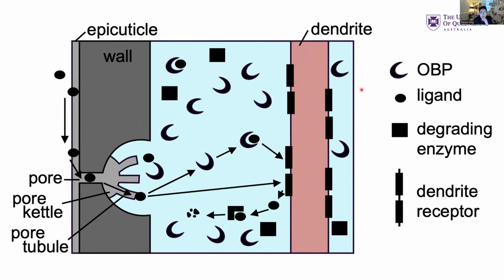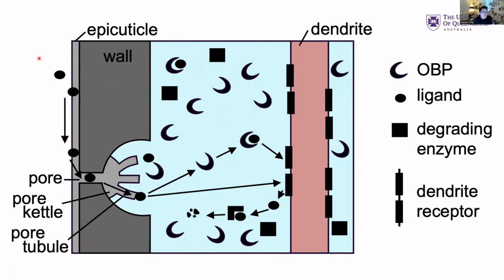And so it's got a crucial role because it shapes how chemical signals get captured, how they're transported, how they're transformed, and ultimately it's the insect nervous system perception that we're talking about here. So we can think of these little circles currently on the outside of the animal as ligands.